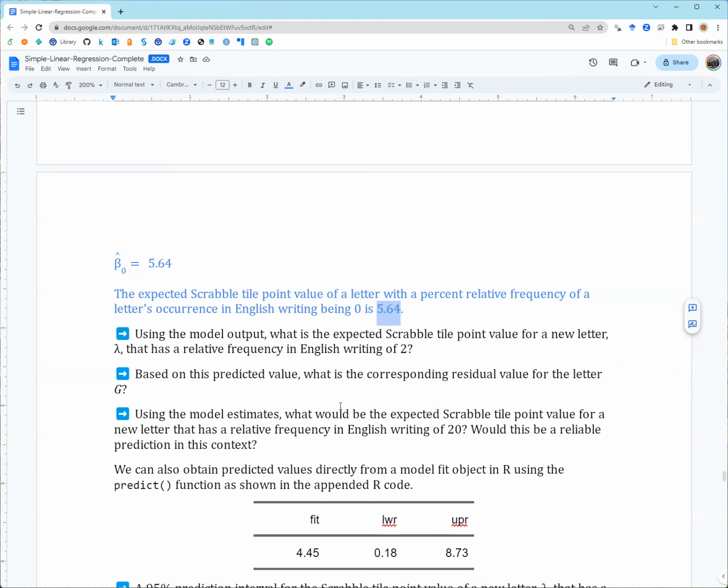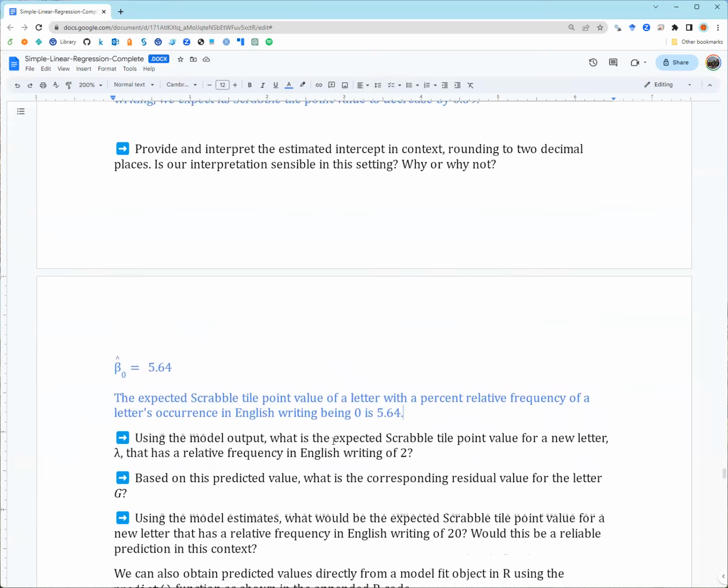That's okay. We actually want to keep it this way. We don't round it. So that's the expected Scrabble tile value of a letter that never shows up in English.